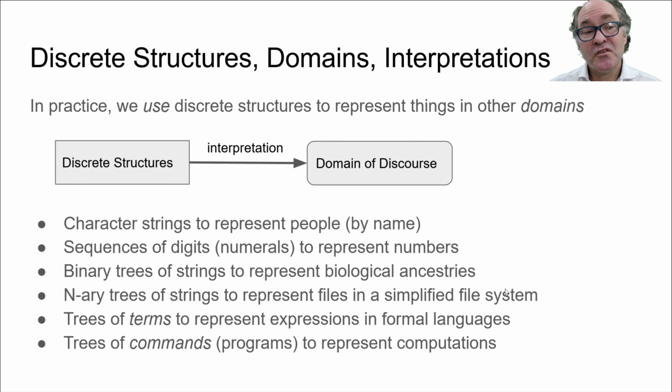We can use sequences of digits, in other words, numerals, to represent numbers. Right? There are many different ways to represent the mathematical concept of threeness. It could be ///, that represents 3. It could be the typical way in which we write the numeral 3.